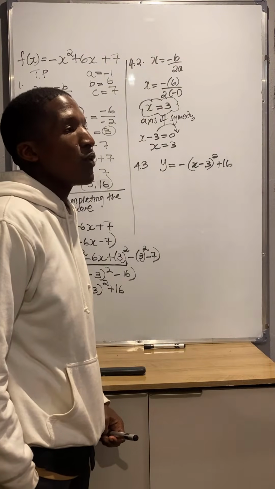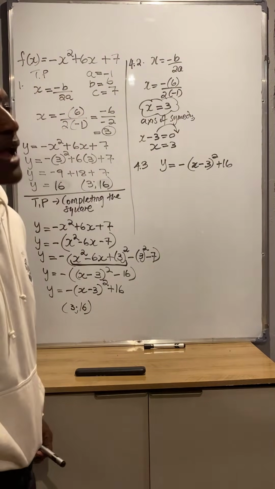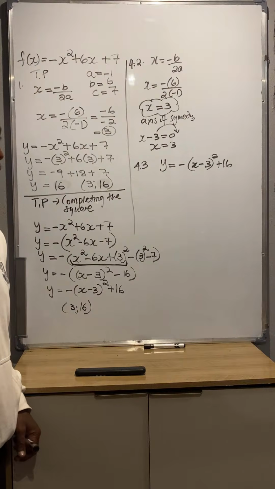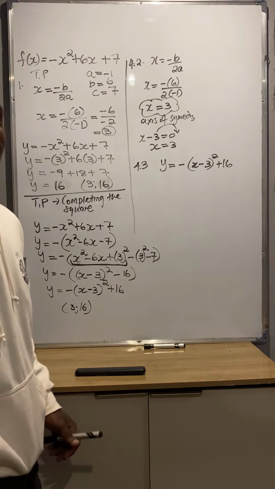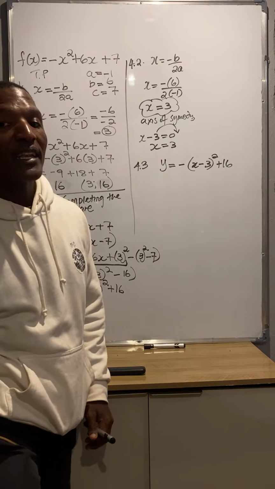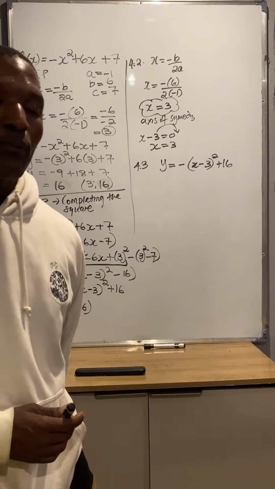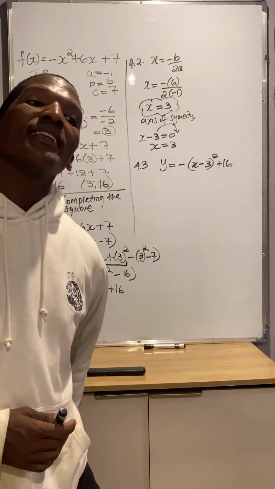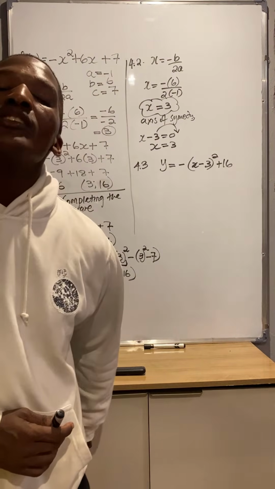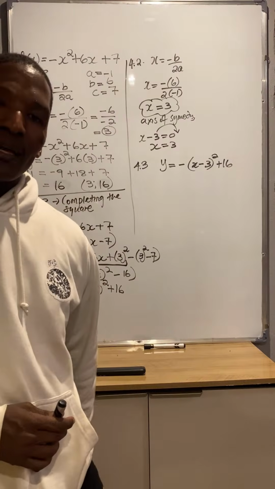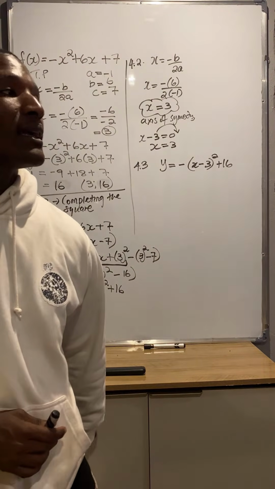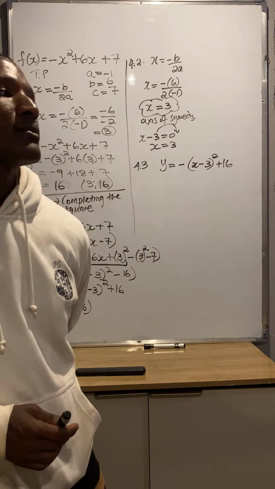So what is the equation of the axis of symmetry of the hyperbola? The axis of symmetry goes from a positive gradient to a negative gradient. What is the formula for the parabola?